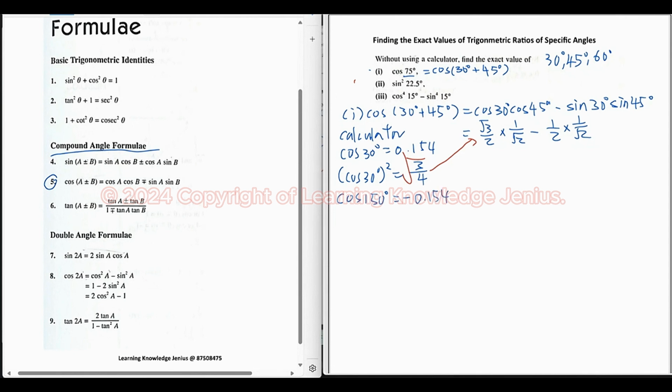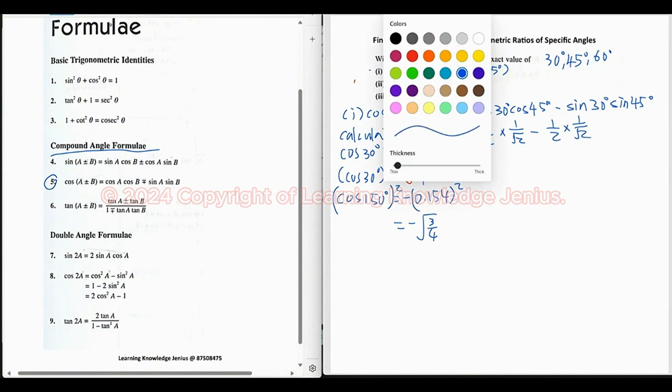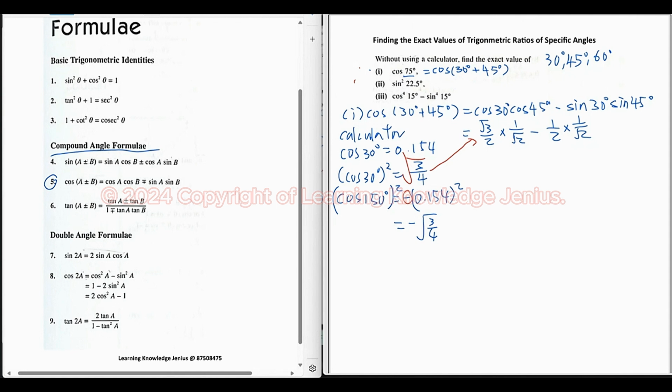Of course we want the exact form, so you will do the square. But when you do the square, be careful, because you should actually keep the negative sign. So when you write, you must be careful about the sign. Although we square it and then square root it, the original sign will remain, because the purpose of squaring is to get the exact form. So this is something you must be careful of.